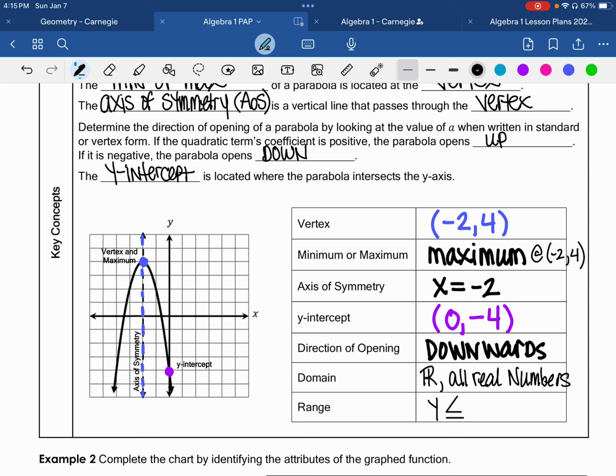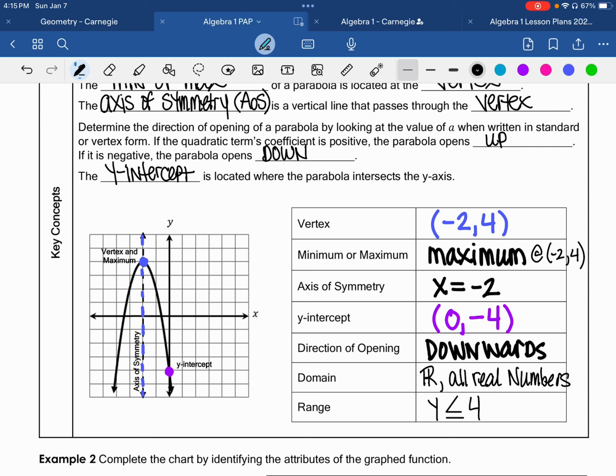That's probably the quickest and easiest way to determine which inequality to use for your range. If it's downwards, then you need to use less than. If it's upwards, then you need to use greater than. The number that I'm going to pick is the y value from my maximum, the y value from my vertex. So it has to be less than or equal to 4.